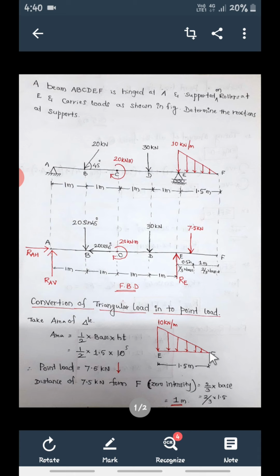From the zero intensity end, this will be 2/3 of the base. From F, this point load will be 2/3 of the base, and the base is 1.5 meter. So 2/3 of 1.5 meter is 1 meter. And from end E, it is 1/3 of the base.